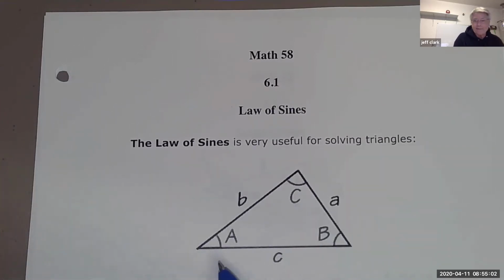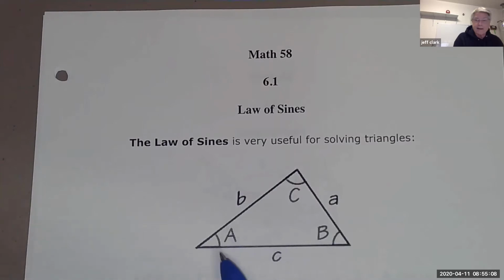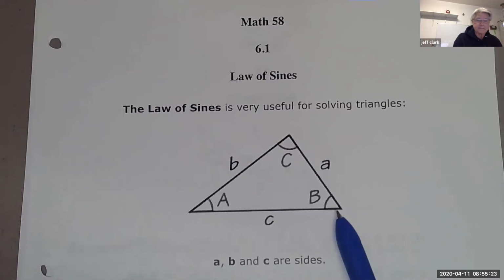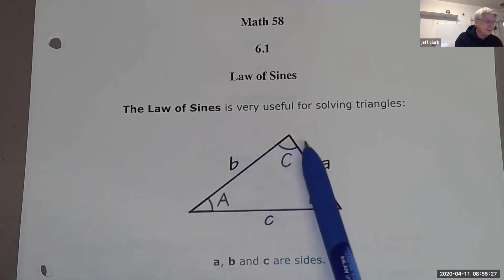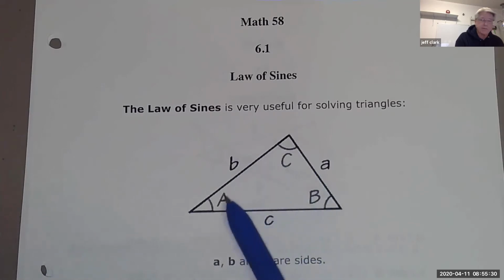I'm always going to identify angles as capital letters and sides as lowercase letters. I'm going to start my angle A on the left side of what I'm going to draw. I'm always going to draw a horizontal line over to angle B, and then somewhere up here would be an angle C, depending on the measurements we might be given.